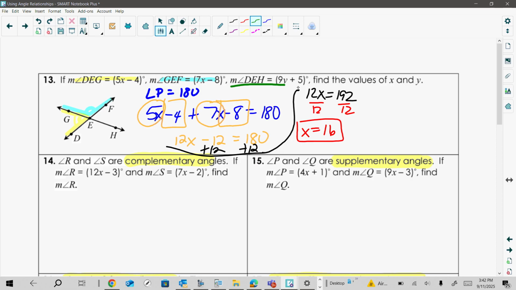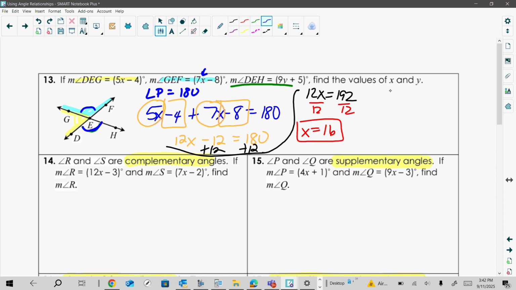So DEH is this angle here, which is vertical to this. I probably should have done blue and blue. DEH is here. It's vertical to this angle. So I know these two, the GEF and the DEH, are congruent. So I can plug my x back into GEF.